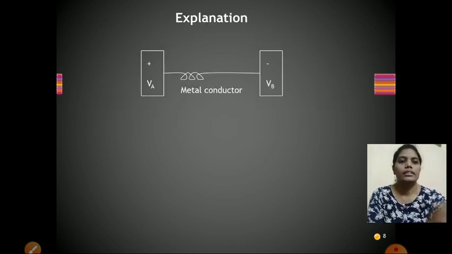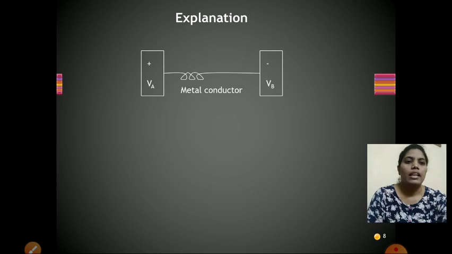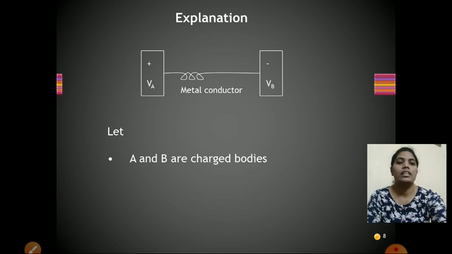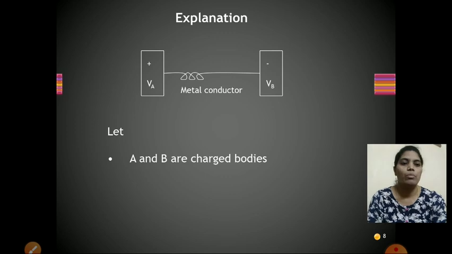Now let us see how we can explain this Ohm's law. Here you can see a metal conductor which has two ends. At the two ends you can see positive charge and negative charge. What it means? There is potential difference at the ends of the conductor. Here A and B are charged bodies.